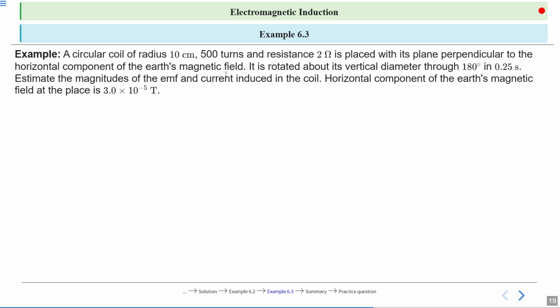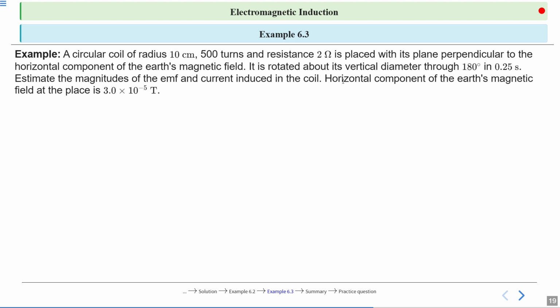The coil is placed with its plane perpendicular to the horizontal component of Earth's magnetic field. There is Earth's magnetic field, the horizontal component, which is horizontal to the surface, and this circular coil is placed in a plane perpendicular to the horizontal component. It is rotated about its vertical diameter, a diameter in the vertical direction.